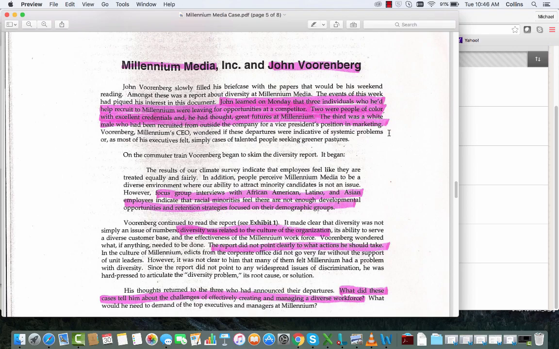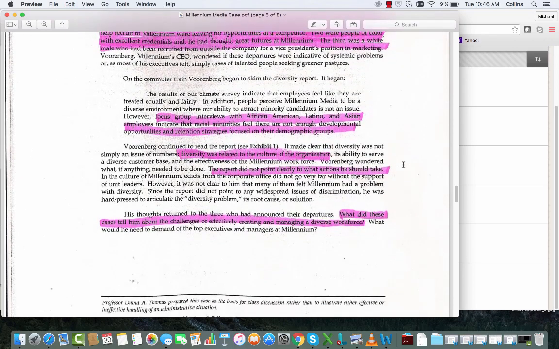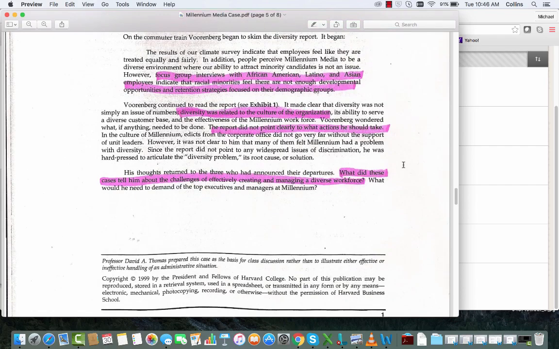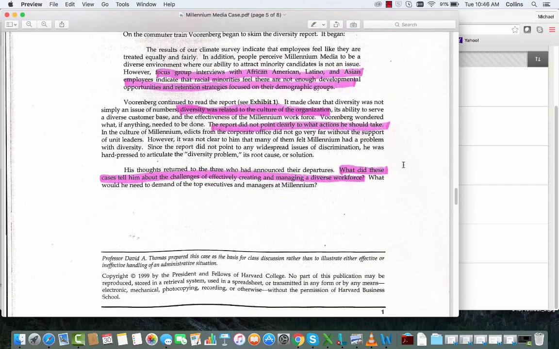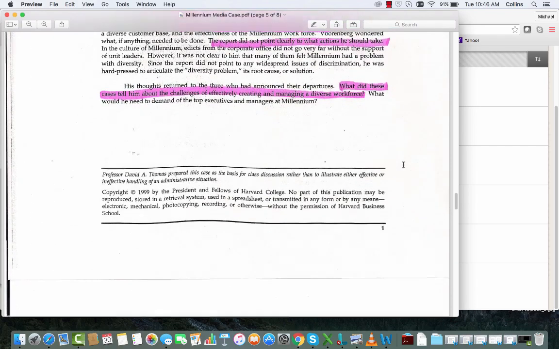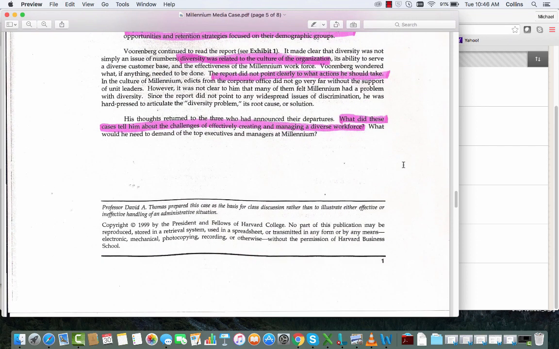So obviously there are issues here. Then it goes through the key details that will help you with your analysis. And I'm not going to spend a lot of time on that because this is something you should be doing. But again, it goes through all the who, what, when, where, why, how. And once you get to that, then you pretty much have the answer to all your questions.